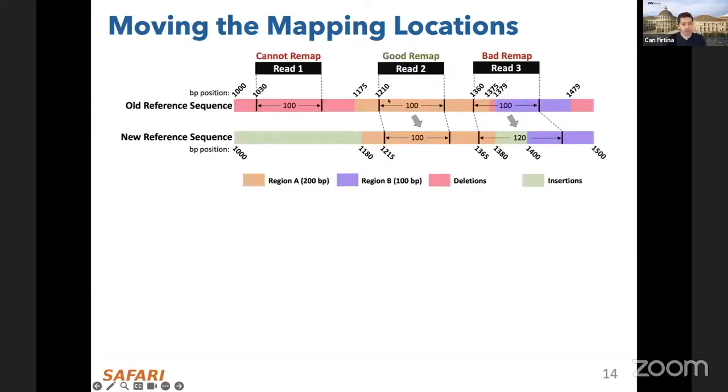As I already covered, if a particular region is exactly the same between two reference genomes, we can simply move their positions, and this is a good remap, because we wouldn't assume that the read should map to any other region better than this exact matching region. Although it could still exist, it is unlikely that such a thing will happen.